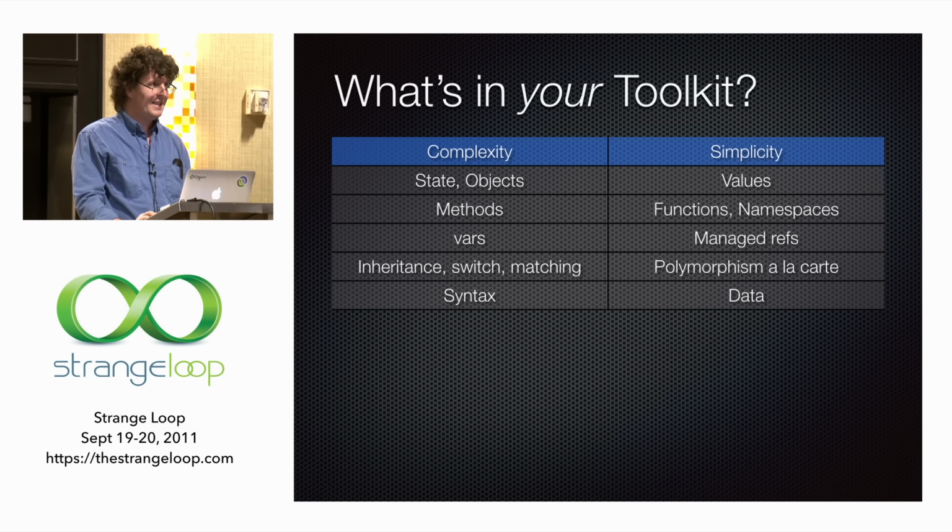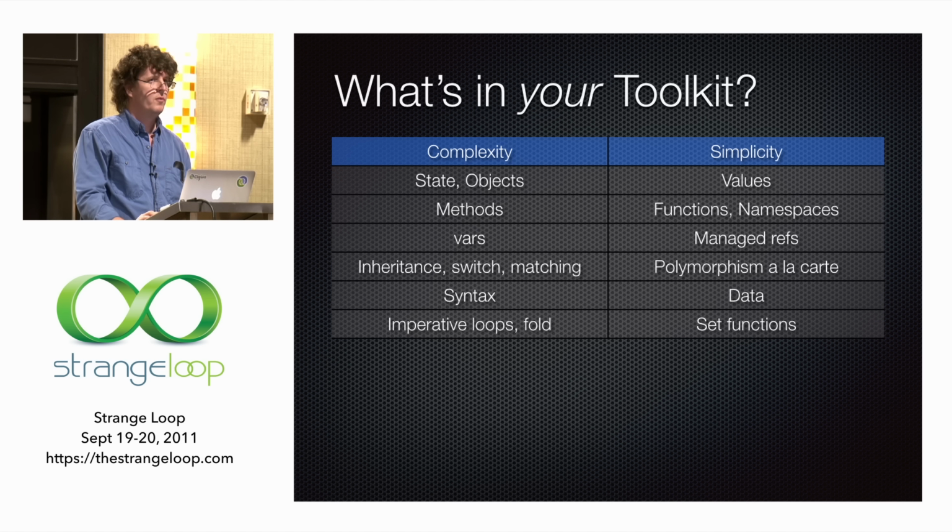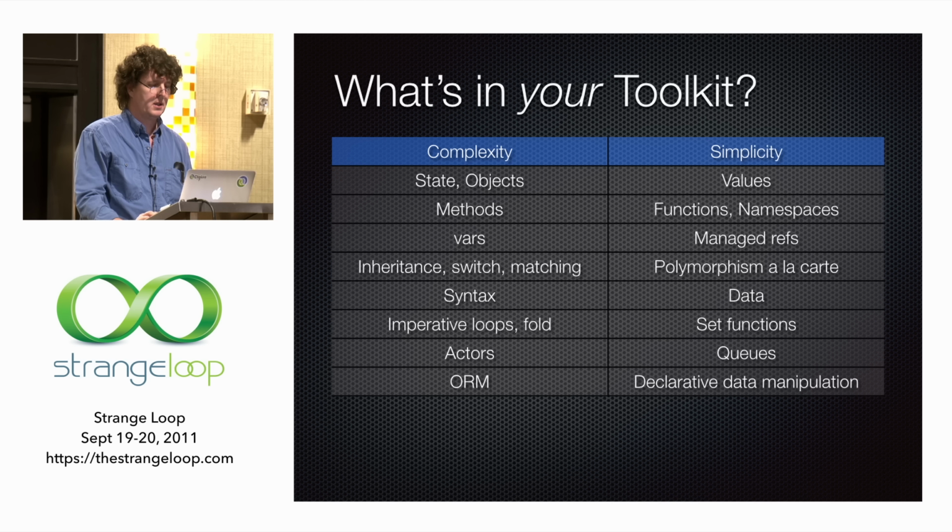Okay, syntax is complex. Data is simple. Imperative loops, fold even, which seems kind of higher level, still has some implications that tie two things together, whereas set functions are simpler. Actors are complex, and queues are simpler. ORM is complex.